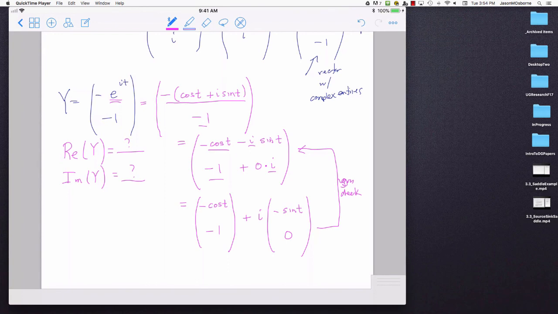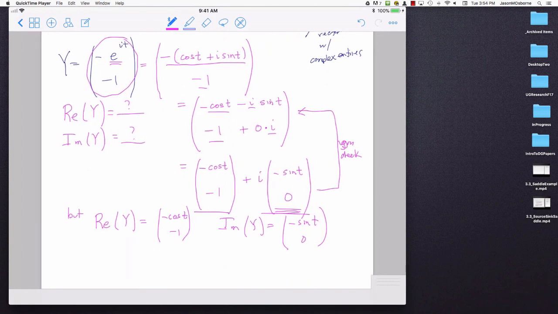So what we can say here is that this vector y had a complex number in it, but it splits into two vectors. The real part of the vector y is minus cosine of t, negative 1, and the imaginary part of the vector is this vector minus sine of t, 0.